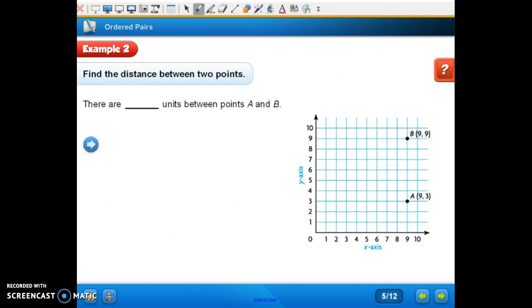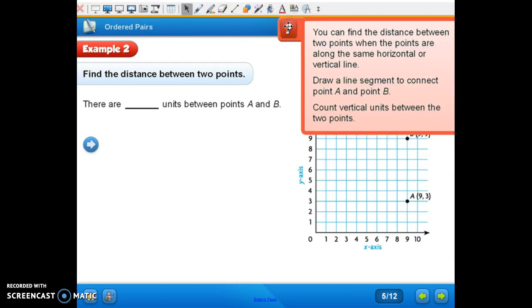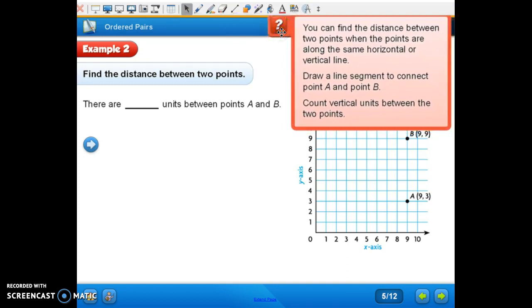Example 2. Find the distance between 2 points. You can find the distance between 2 points when the points are along the same horizontal or vertical line.